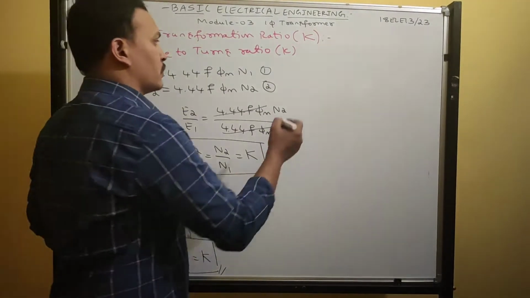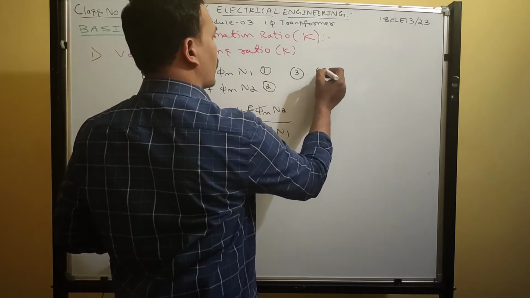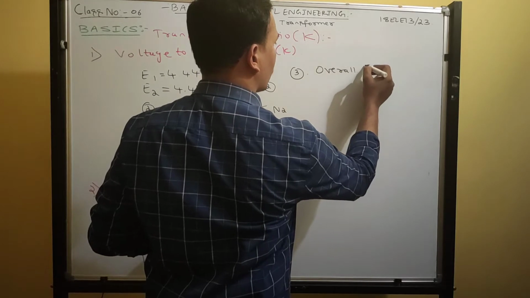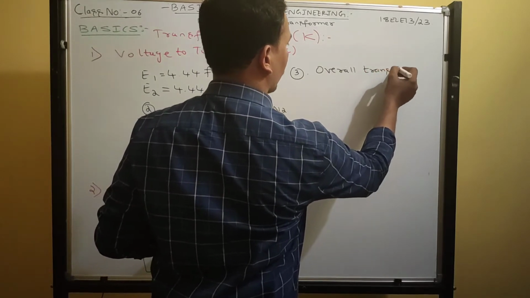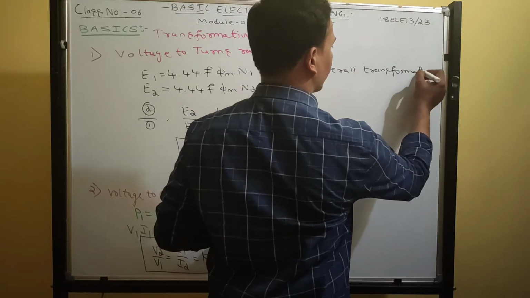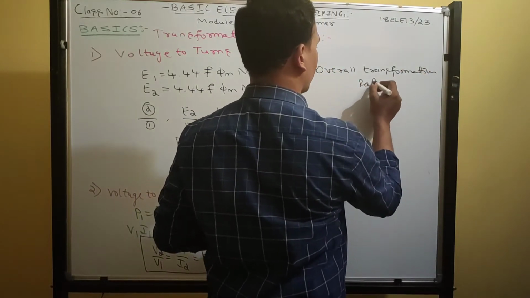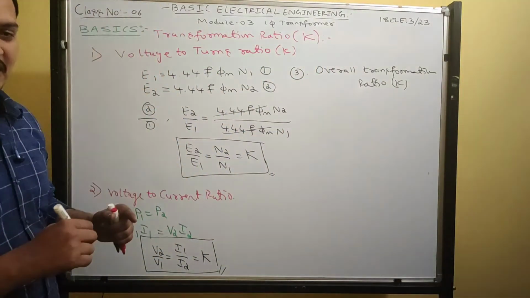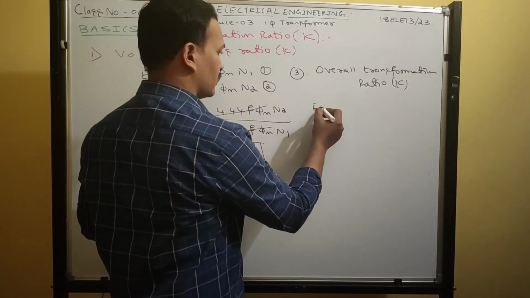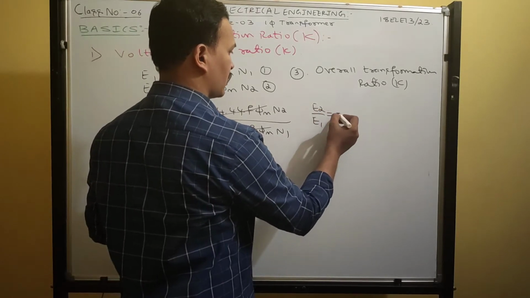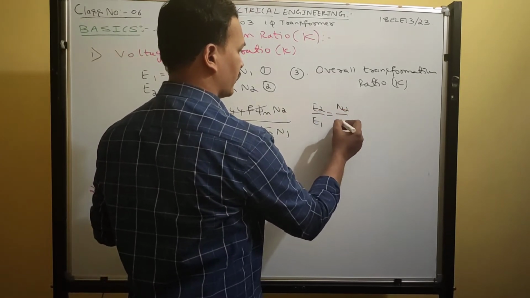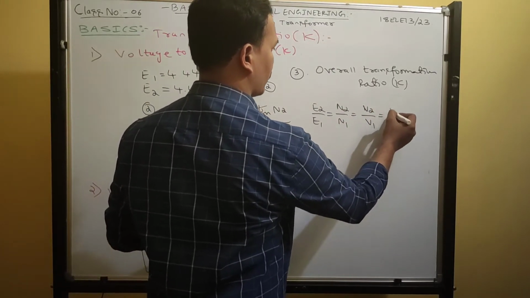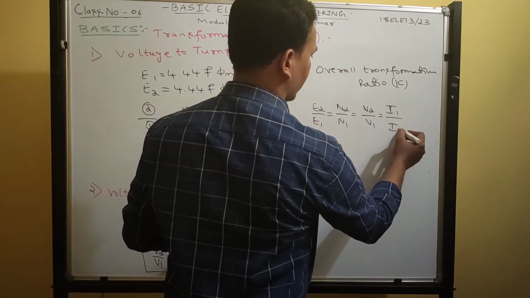Now the third one is overall transformation ratio, that is K. This is very important for problems. From the voltage to turns ratio, we got E2 by E1 is equal to N2 by N1, is equal to V2 divided by V1, and is equal to I1 by I2.